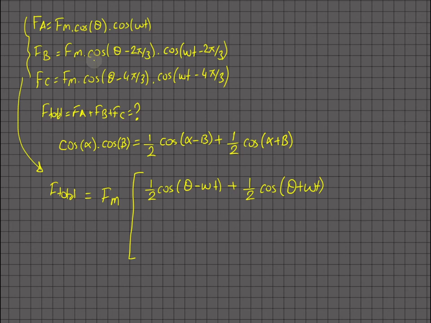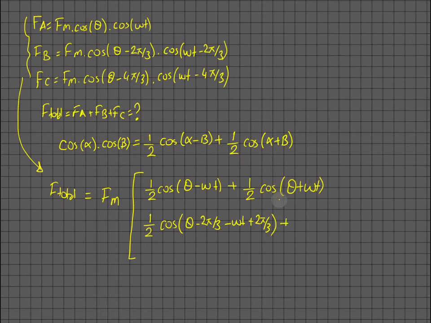Then I will write the same thing for that derivation. So it becomes 1/2 cosine theta minus 2 pi over 3 minus omega t, and minus minus is plus 2 pi over 3.